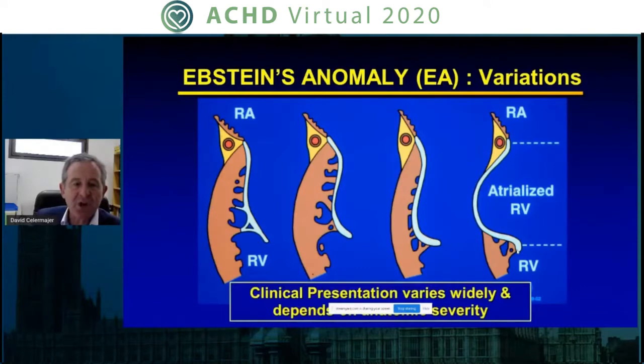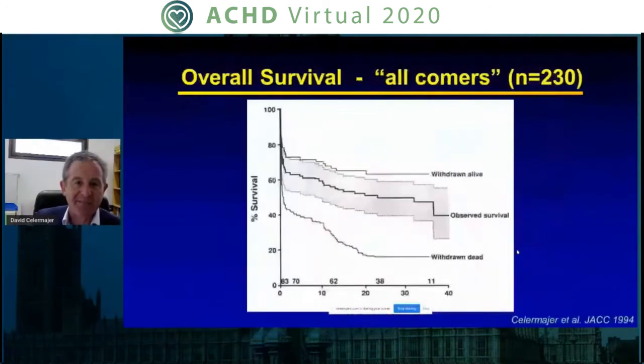So take it as read that the clinical presentation varies widely and depends on three things: the age at presentation, the anatomical severity and physiological significance of the tricuspid valve disease, and the associated cardiac lesions that can be found with Ebstein's anomaly.